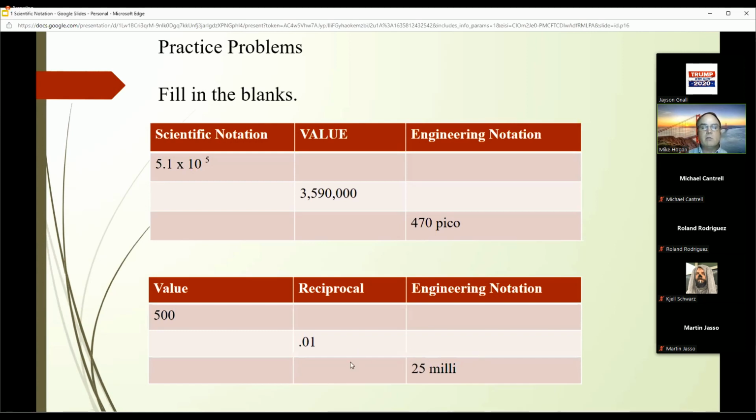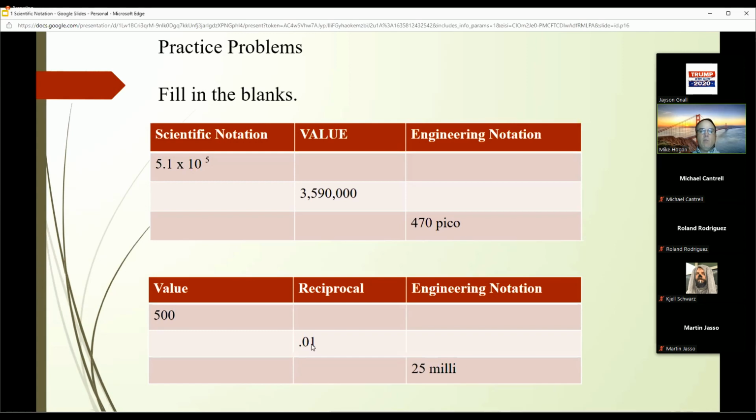And if I take this reciprocal 0.01 and convert it to engineering notation, I move my decimal not 2 places but 3 places, so that I can use engineering notation. Obviously it's going to be negative because this number is smaller than 1.